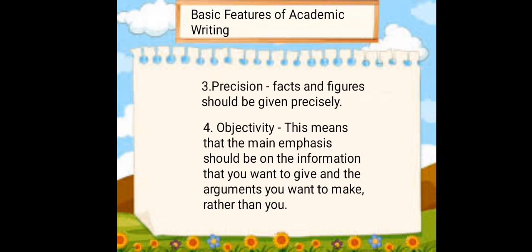Number 4 is objectivity. This means that the main emphasis should be on the information that you want to give and the arguments you want to make rather than you.